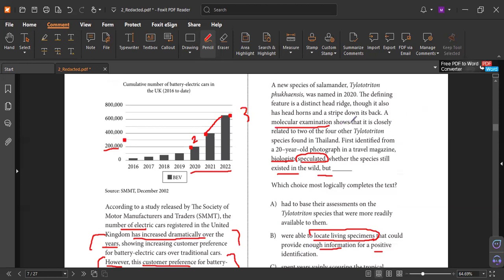That is why, and he said shows that already. That means they had an examination and they had a result. This means they found the specimens. That's why letter B is correct. Feel it? That is right. Yes. Letter B is correct.